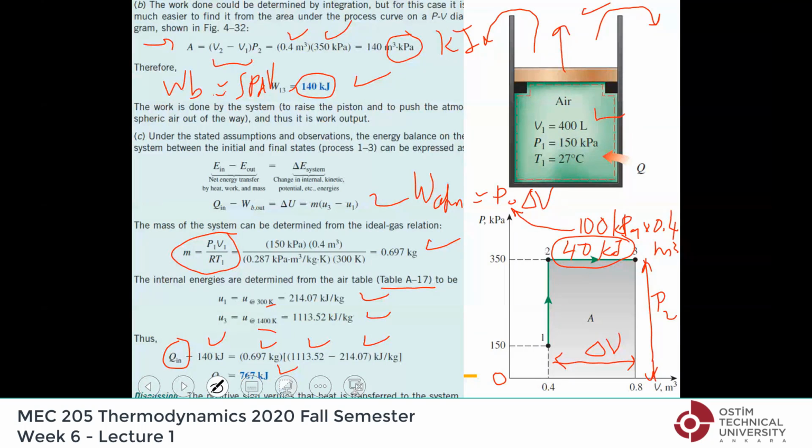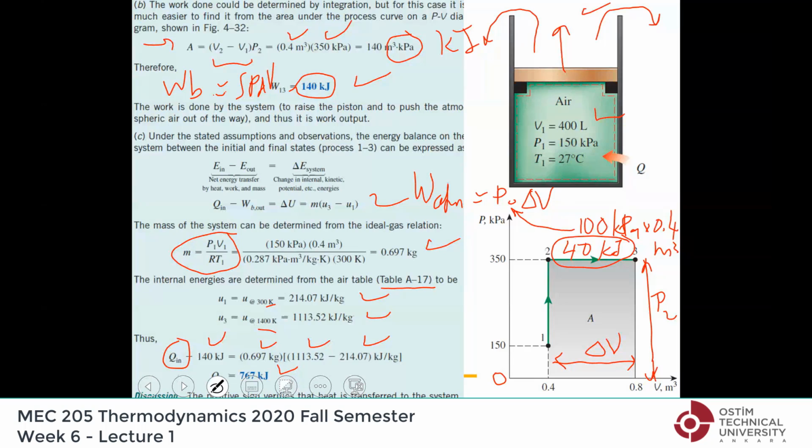The 100 kilojoules goes to the piston as potential energy. Excellent. Exactly. So it's a heavy piston, right? And obviously you are raising the piston. It is going up. So as it goes up, its potential energy is going up, depending on the mass and the distance traveled, the elevation height.